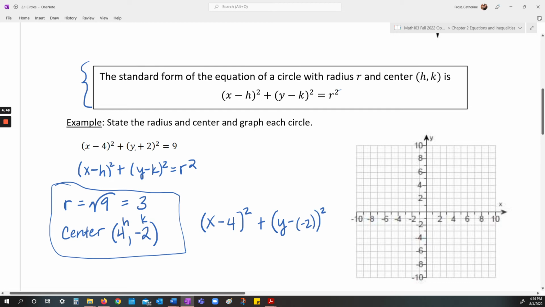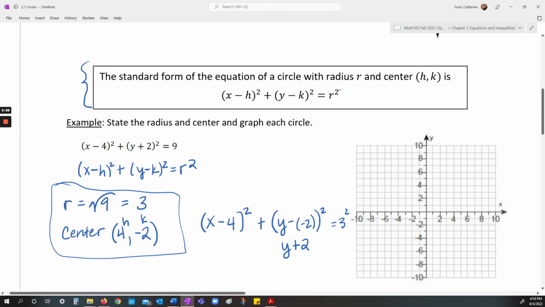That doesn't look quite right, but we know that when you subtract a negative, if you have two minus signs, they make a plus, right? And then, of course, 3 squared, that's going to be fine. That's our 9. So if we go back to our equation, we can see why y plus 2 means that the k is actually negative 2.